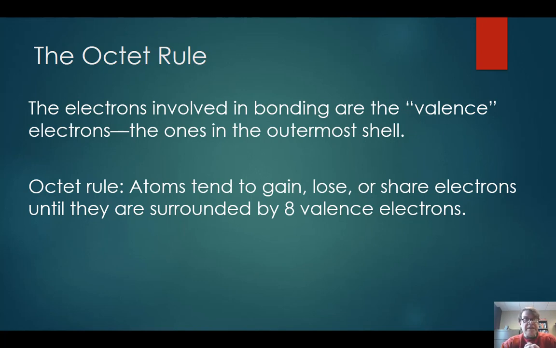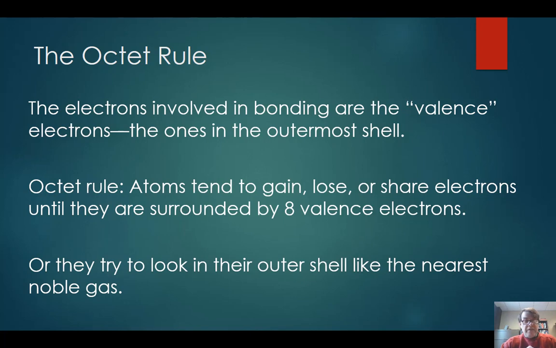So atoms tend to gain electrons or lose electrons or share electrons so that they can get to 8 valence electrons. That is, they try to look like the nearest noble gas. They're trying to become at peace with the world. So that eightness is stability when it comes to the outer valence electrons.